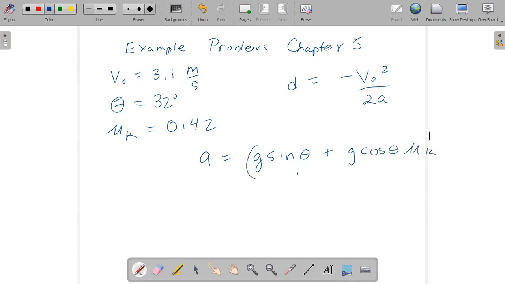And this is going to be in the negative direction, right? It's going opposite the direction of the force. Both the acceleration due to gravity and the friction are slowing the block down.